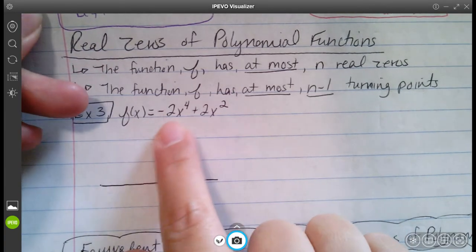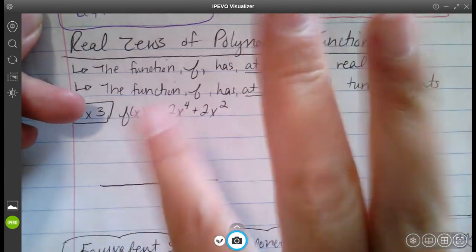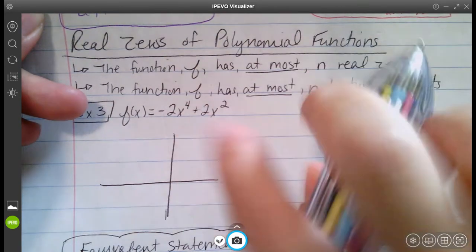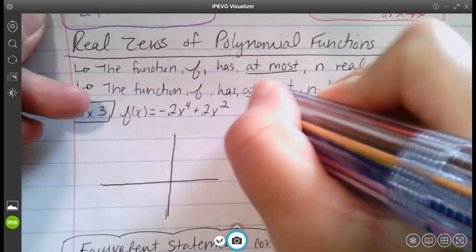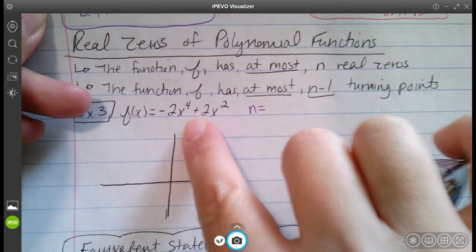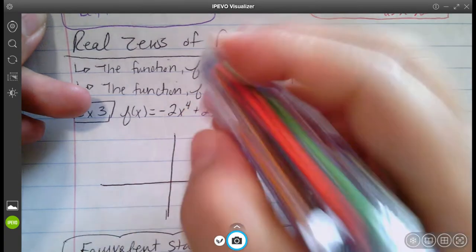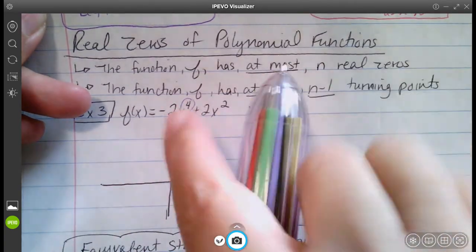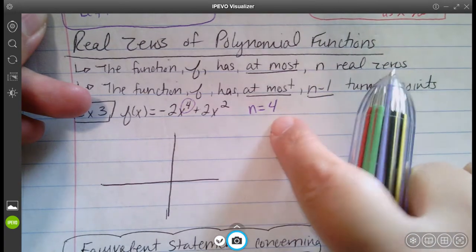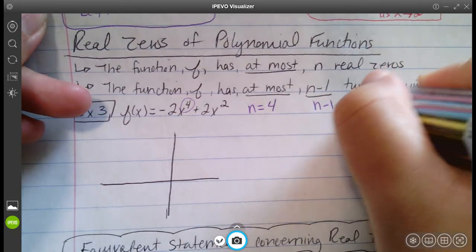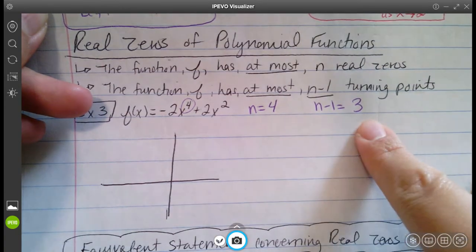Again, I don't really know what this one looks like, but I know I can sketch a rough draft of it. Okay. So what I'm going to do here is identify my n. Since both of these deal with n, you want to figure out what your n is. So in this one, it looks like it's going to be 4. Remember, it's the highest exponent when this is in order. And since n is 4, n minus 1 would be equal to 3 because 4 minus 1 is 3.